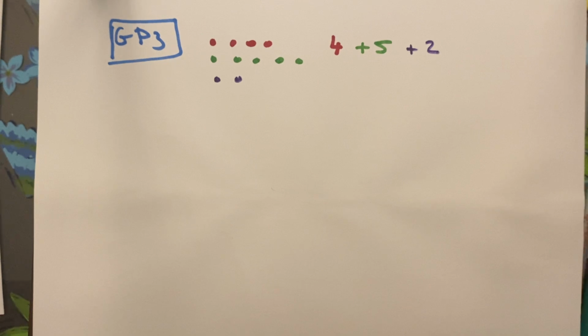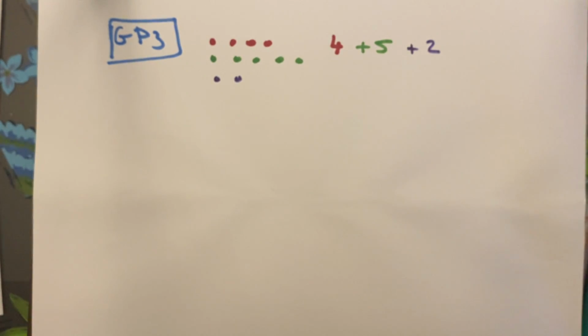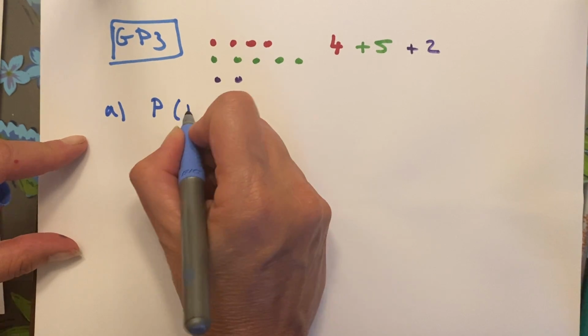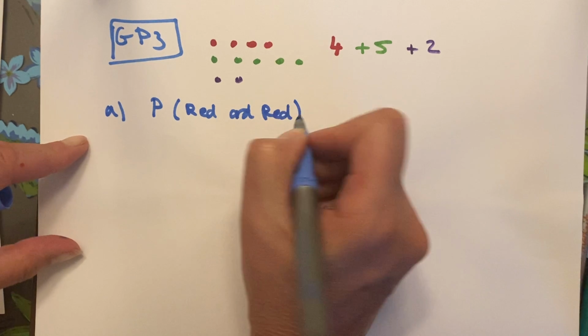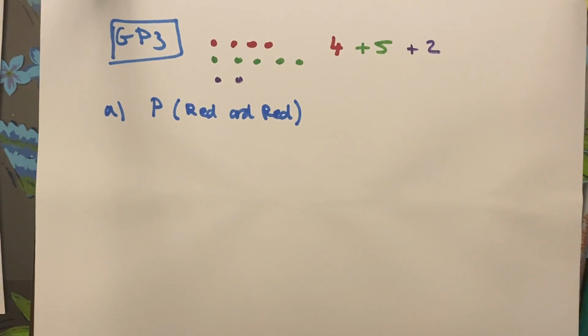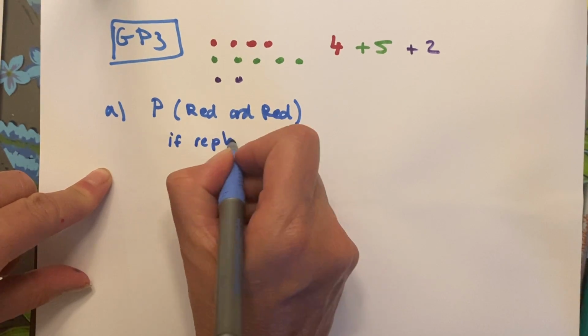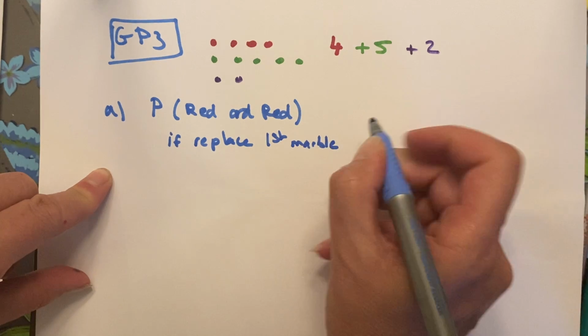So I want to find my probability of both are, so of red and red. If I replace the first marble, well, in that case, I have independent events, right?